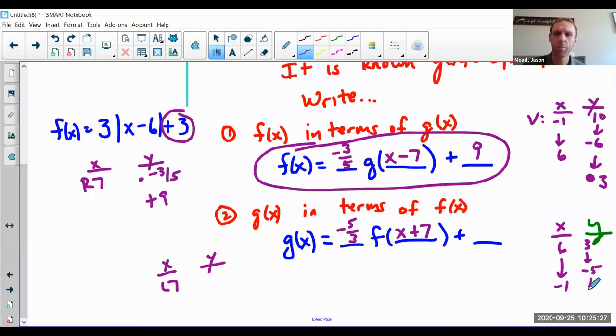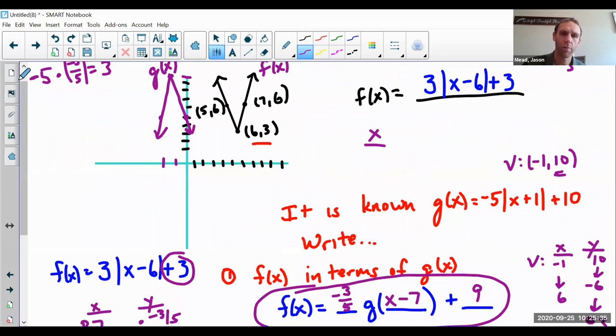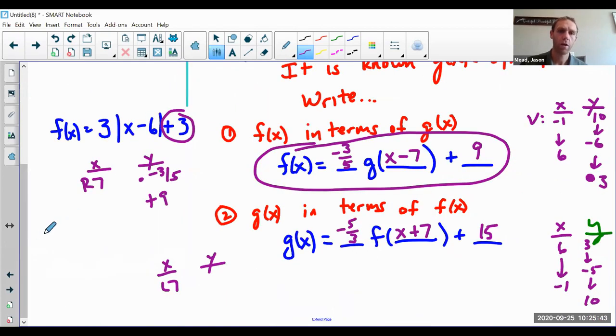Well, negative 5 plus something will get me to 10, right? Plus 15. So that ends up taking me from 3. When I multiply, it's negative 5. Then I have to move it up by 15 in order to get it to where it belongs.